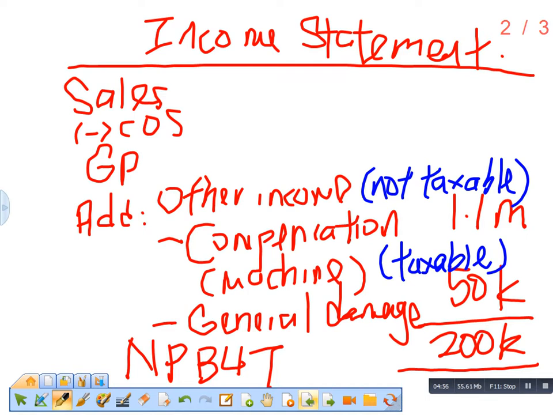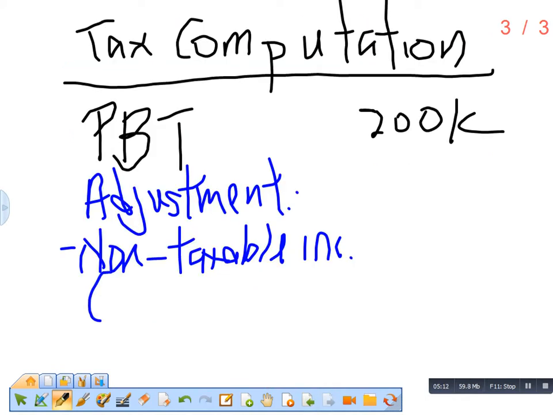Will your profit go down or go up? When I take out the income of 1.1 million, because it is not taxable, correct? So I will take it out, and then my profit will go down, reduce, correct? So in here, our adjustment should be, yes, minus 1.1 million. Understand?